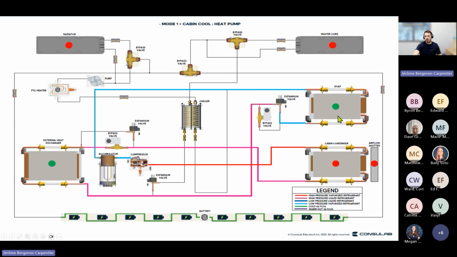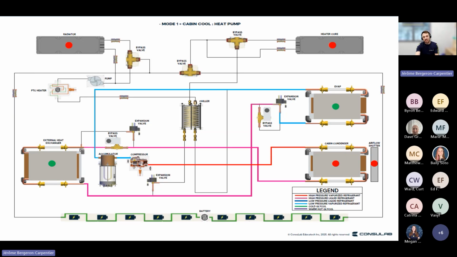We go to the evap with airflow, and that absorbs the heat from inside the cabin, so it's going to feel cool inside the cabin. But by absorbing the heat from the cabin, I'm going to evaporate the liquid inside the evap, so it's only going to be gas sucked by the compressor to complete the cycle. So that's normal operation of any AC system.